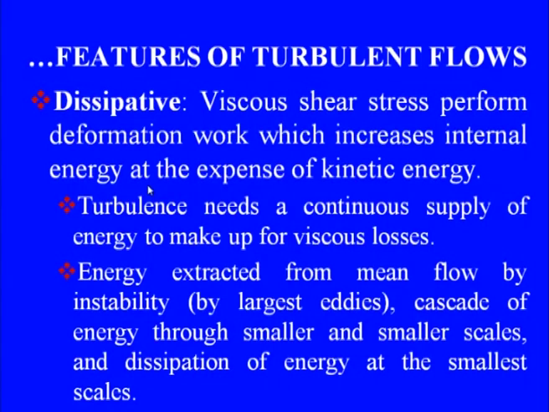This energy is extracted from the mean flow by what we call instabilities, and one of the ways in which it is characterized is what we call eddies, or largest eddies in the flow. They are the ones which extract the energy from the mean flow, and then that energy is cascaded, or passed through, in a hierarchy of eddies.